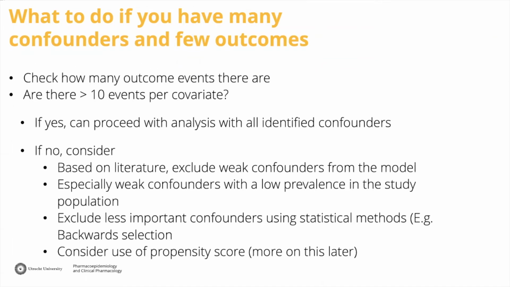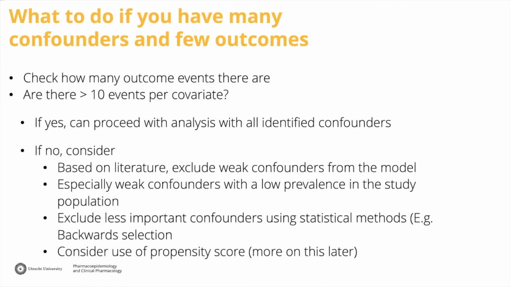And if there are, and you calculated your power previously and you have adequate power, you can proceed with your analysis with all the identified confounders. If not, you can exclude weak confounders based on statistical analyses.